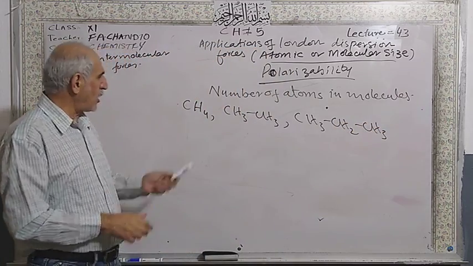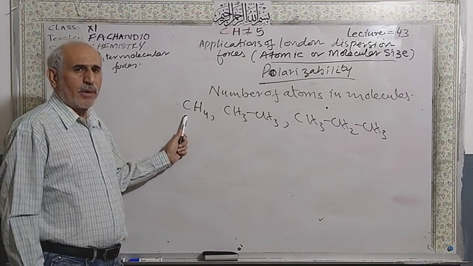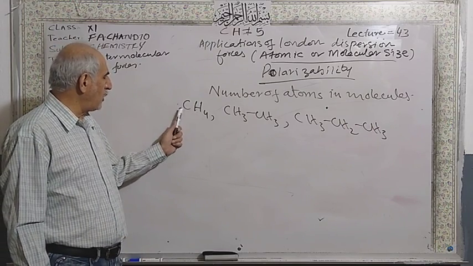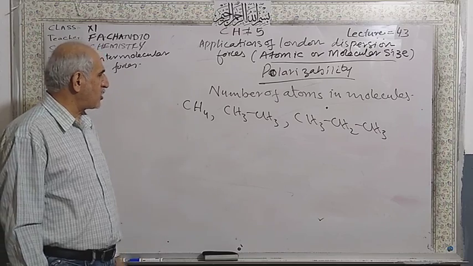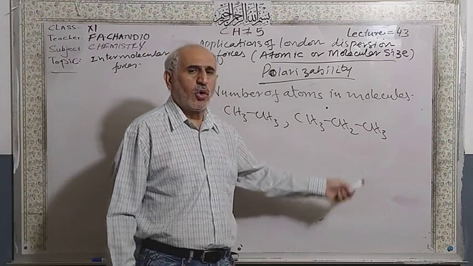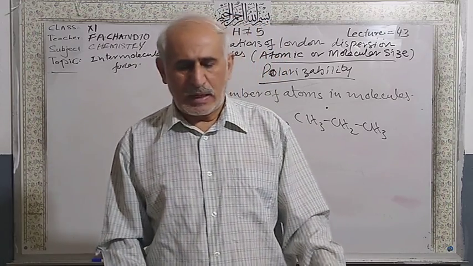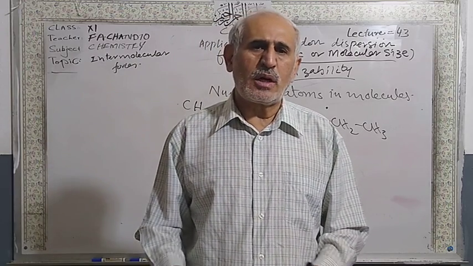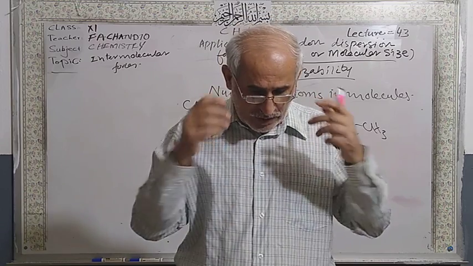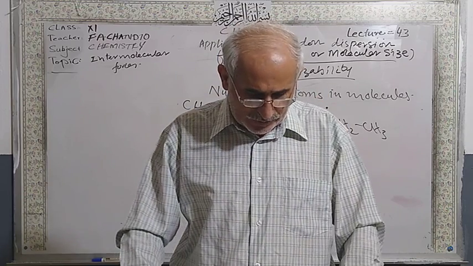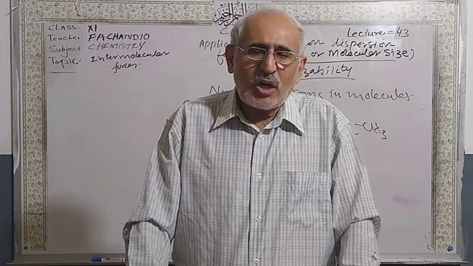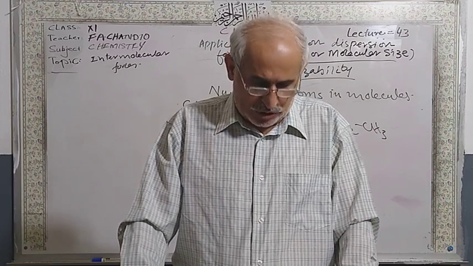So as you increase the number of carbon atoms, there are only 5 and here 6 and 8 and here even more. So the number of atoms gradually increases as we pass from one carbon atom to another. Number of carbon atoms is going to increase. So, elongated molecules.